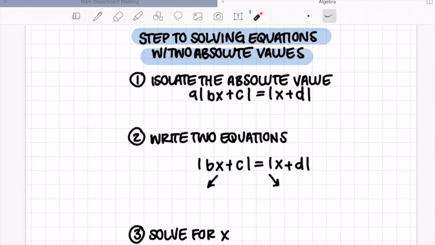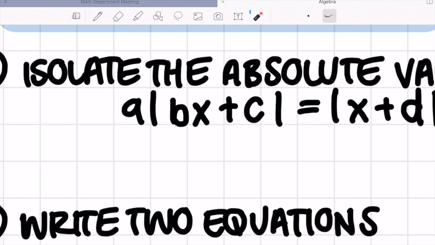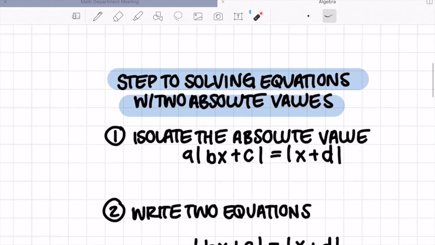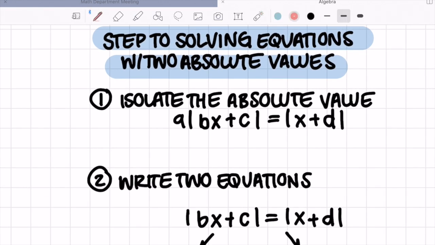In this case, I see that A is multiplying with B, or absolute value of bx plus c. And if you can't see it, it's always imaginary, especially if it's right next to the absolute value. We say that there is an imaginary multiplication sign. And because it would be multiplying, that means that I would want to divide A on both sides of my equation.